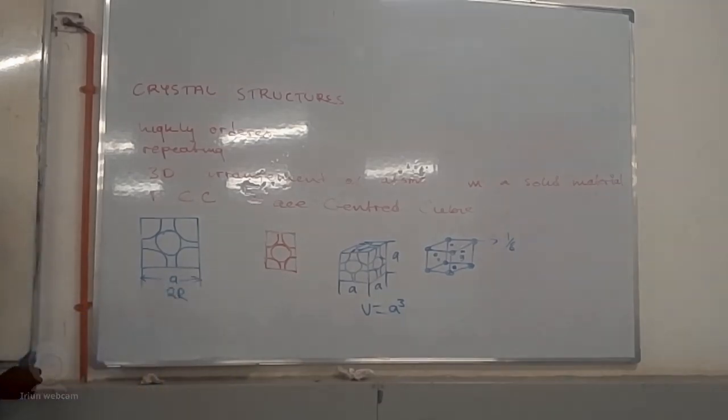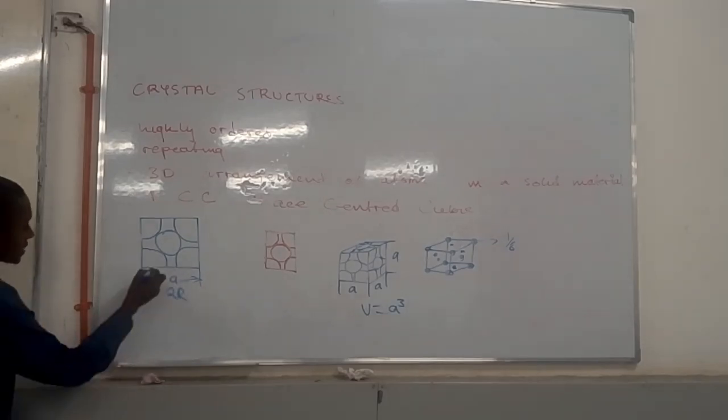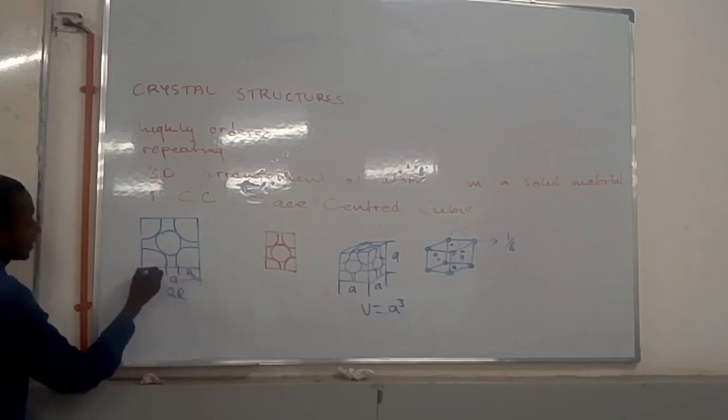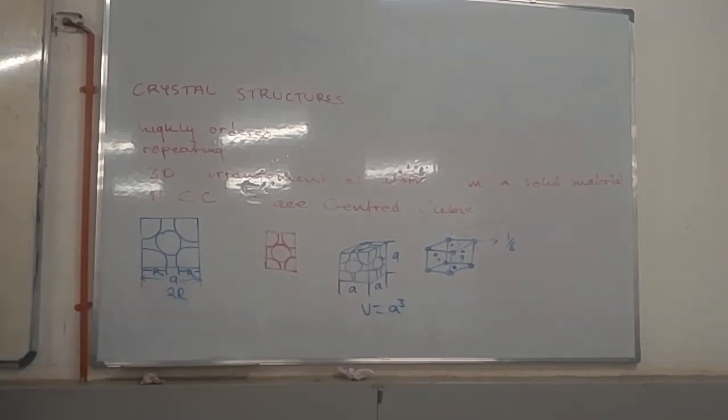Can someone give me the reason why we can't say that this distance from here to here is 2r? Because of the space in between. Yes, this is r and this is r, but there is a gap here. So we can't say that this is 2r.